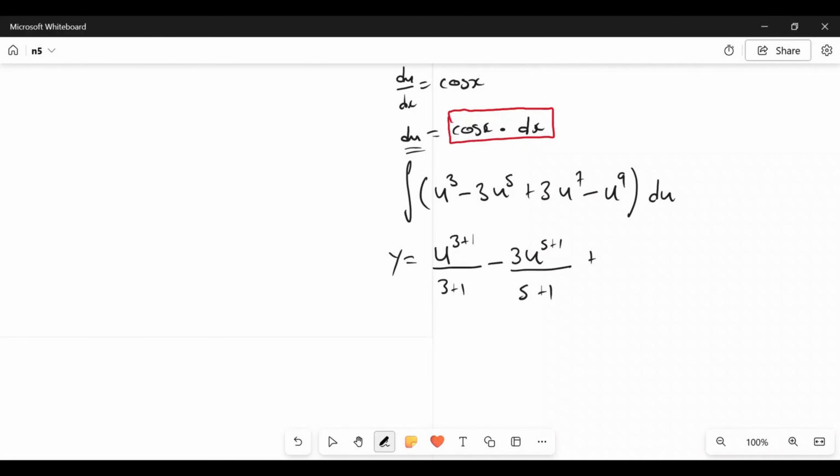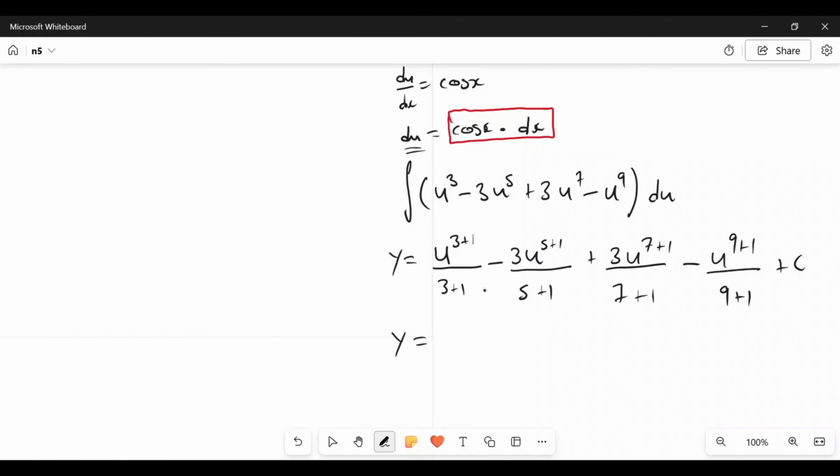Then plus 3u to the power of 7 plus 1 divided by 7 plus 1. And the last one, we have negative u to the power of 9 plus 1 divided by 9 plus 1, plus c. Let us not forget c to show that these are indefinite integrals.